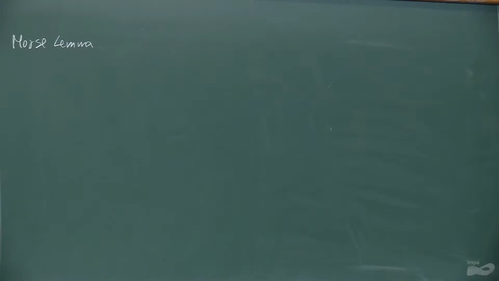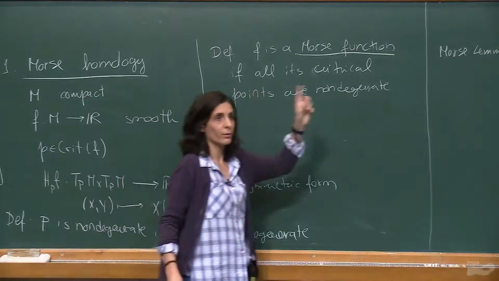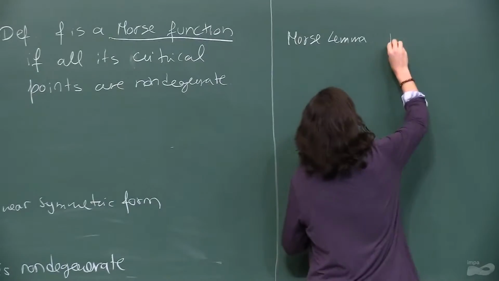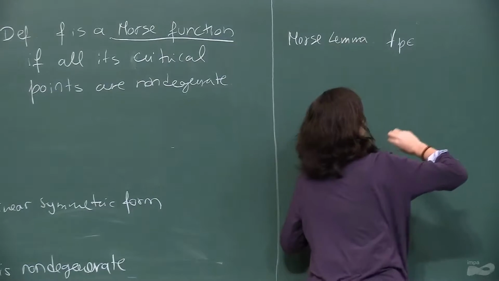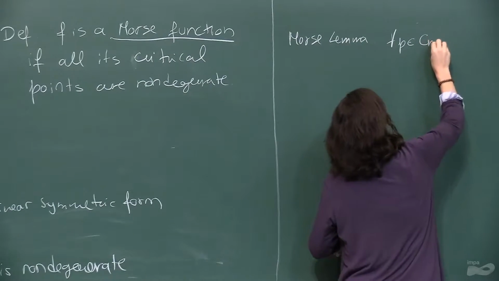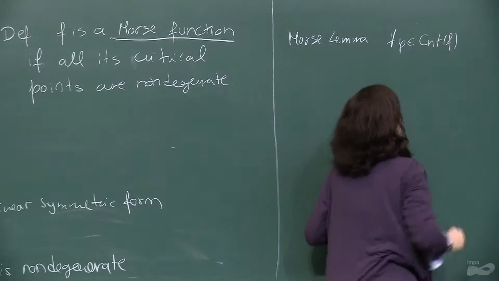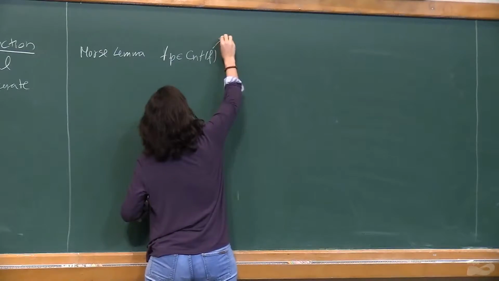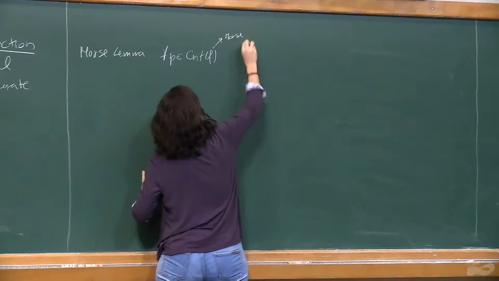So given a Morse function f, for each critical point P, so P is non-degenerate.